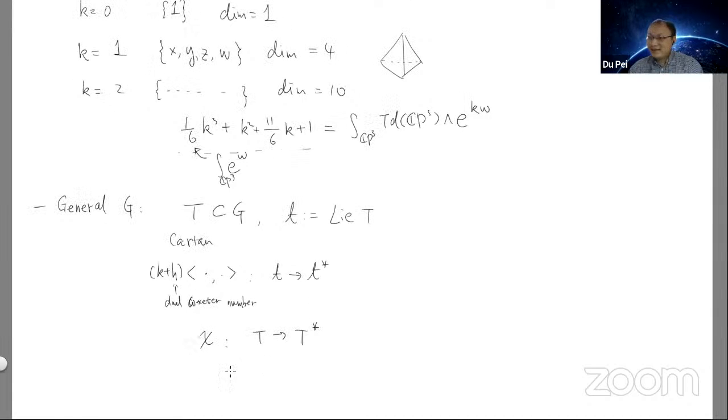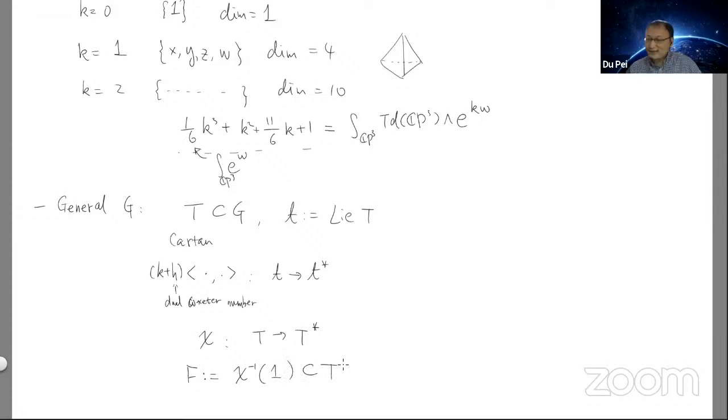And then there is a finite subset of capital T defined as the pre-image of identity of T star.